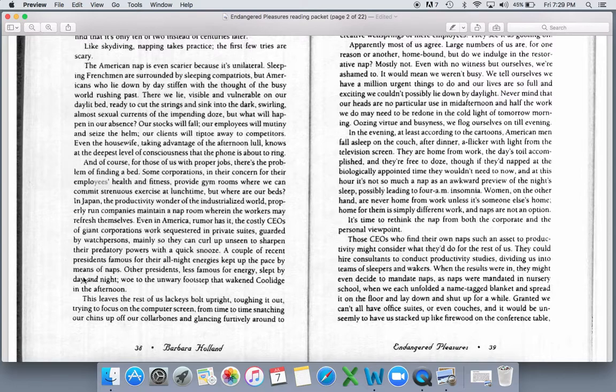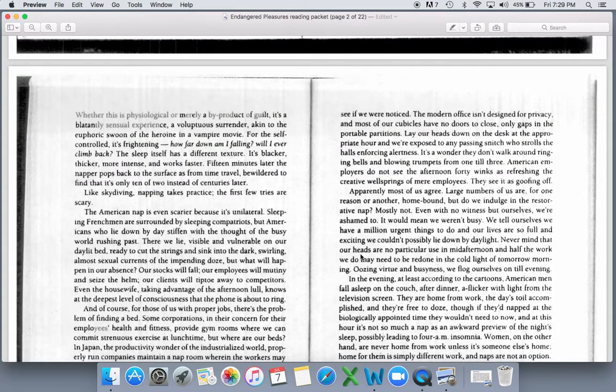Barbara Holland says, "This leaves the rest of us lackeys bolt upright, toughing it out, trying to focus on the computer screen, from time to time snatching our chins up off our collarbones and glancing furtively around to see if we were noticed. The modern office isn't designed for privacy, and most of our cubicles have no doors to close, only gaps in the portable partitions.